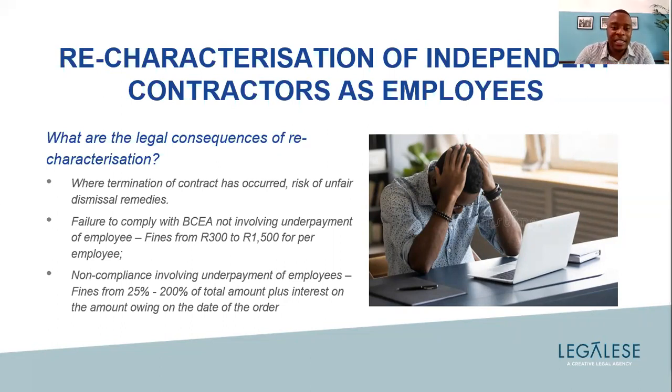So once a court recharacterizes a person as an employee, as an employer, you will be liable for paying historical annual leave, historical overtime, and also certain other benefits that may have accrued to other employees within the same workspace.